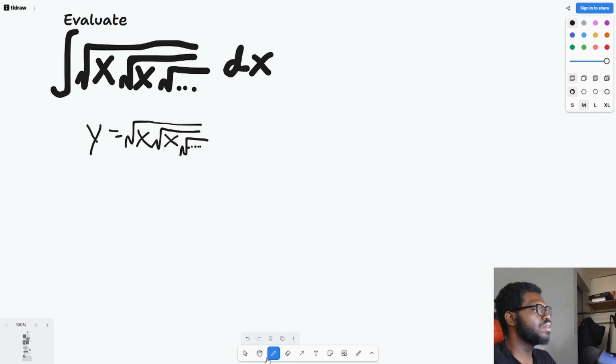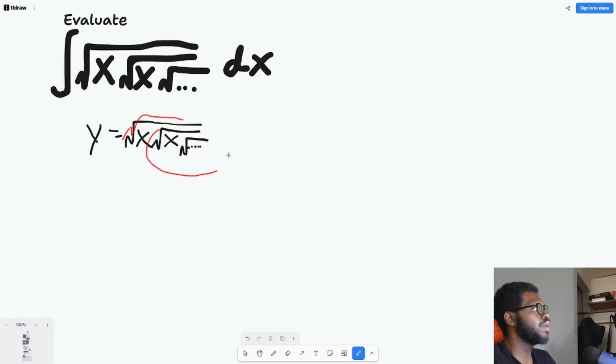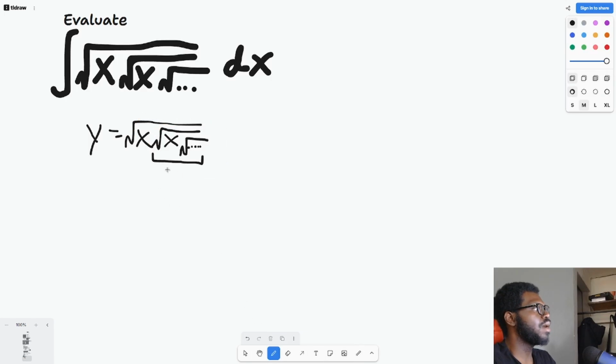If you look closely, you'll notice that inside of this first square root of x, we have our original expression, which means this expression is equal to y.